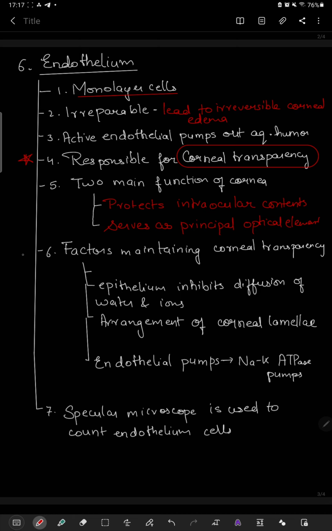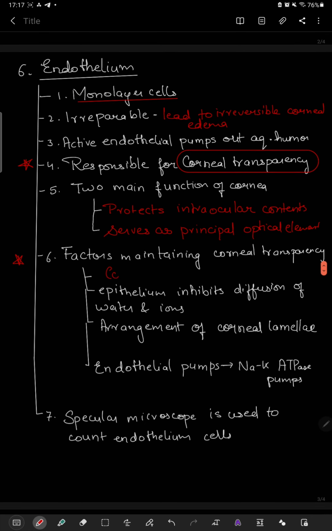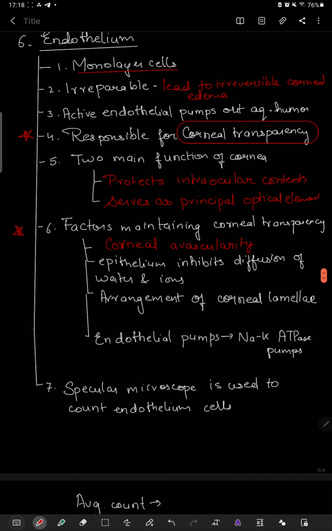Then this sixth point is also important. What are the factors that help in maintaining the corneal transparency? So first and foremost, most important is that the cornea is avascular. So its avascularity helps in the maintenance of the corneal transparency. Then the epithelium inhibits the diffusion of water and ions. That also adds to the transparency.